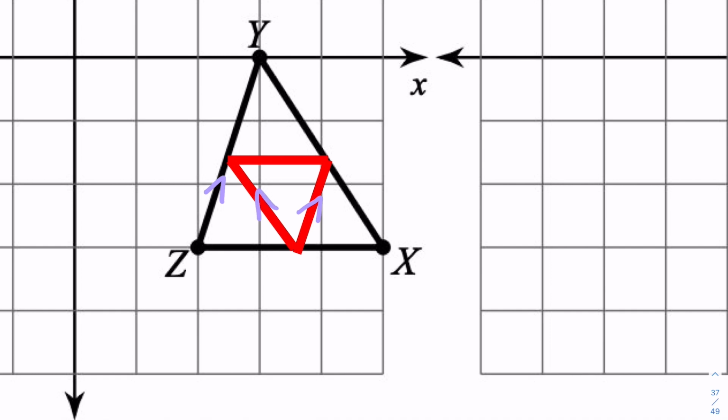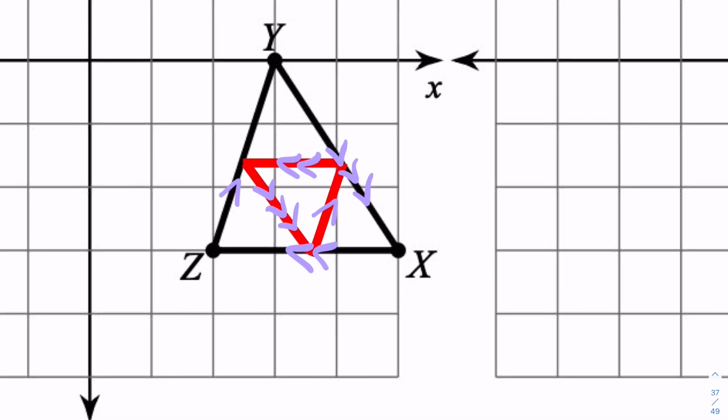And this one right here, this mid-segment, is parallel to this base. And this last one is actually parallel to this base. It doesn't really matter as long as they're going the same direction.